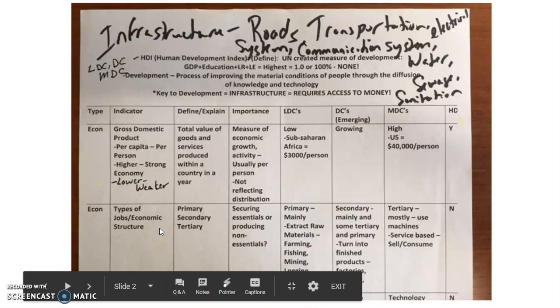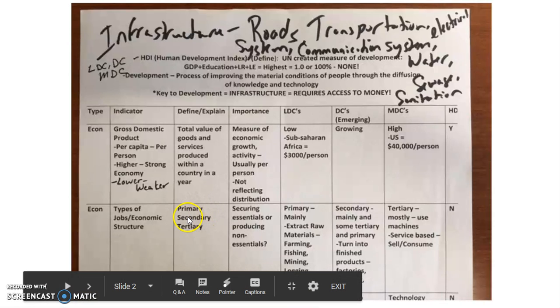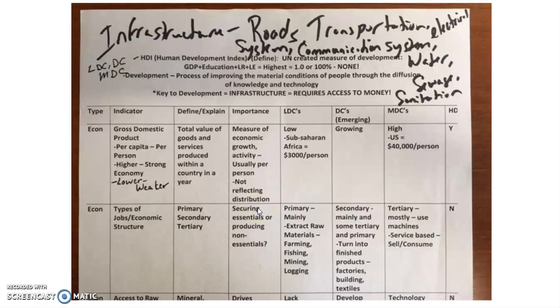Next is the statistics of the types of jobs, the economic structure. There are three types of jobs, or sectors, in an economy: primary, secondary, and tertiary. And this gives you an idea of whether people are working to secure essentials, or producing non-essentials.